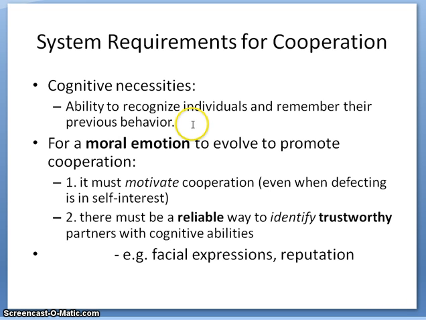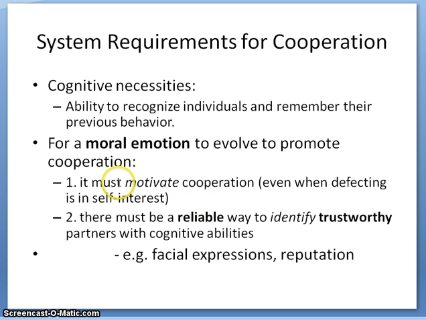And from a theoretical point of view, some of the neuroscientists and evolutionary biologists and modelers use computer models to simulate evolutionary processes. They argue that for a moral emotion to evolve, that is an emotion that guides us to do a moral thing, at least two requirements are necessary.